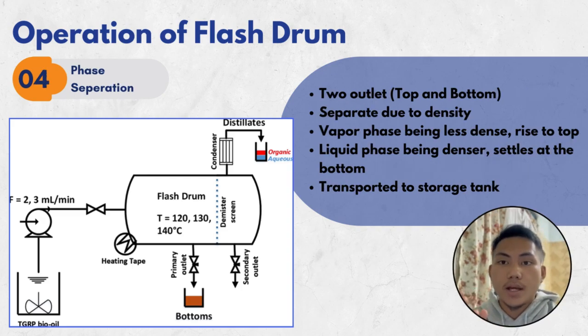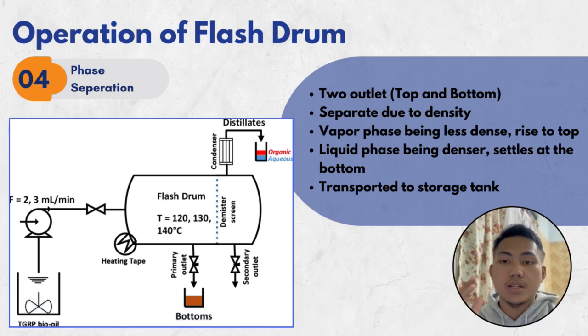The last step is phase separation. After we go step by step until the mixture enters the flash drum and flashing occurs, with some of the mixture turning into vapor phase instantly, we go to the separation part. Usually a flash drum has two outlets, a top and a bottom outlet.